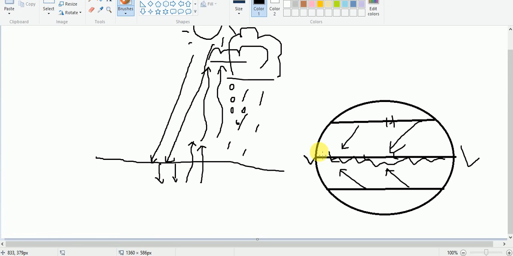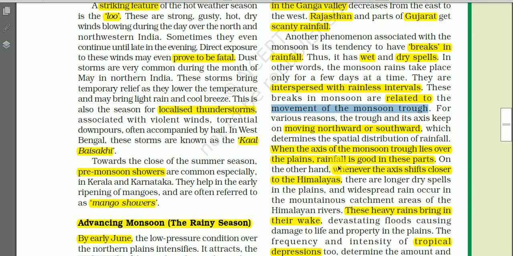It is also known as the monsoon trough, and this ITCZ is moving towards the north. Because of this movement of the ITCZ towards the north, there may be dry spells and wet spells. So for various reasons, the trough and axis keep on moving northward or southward.